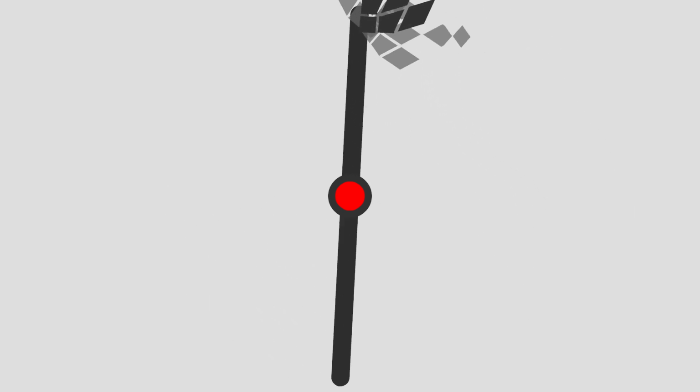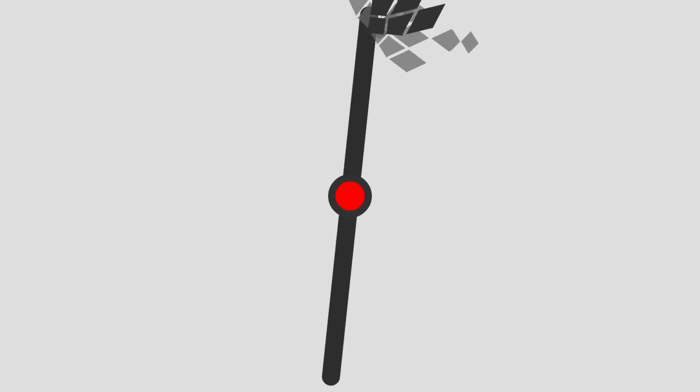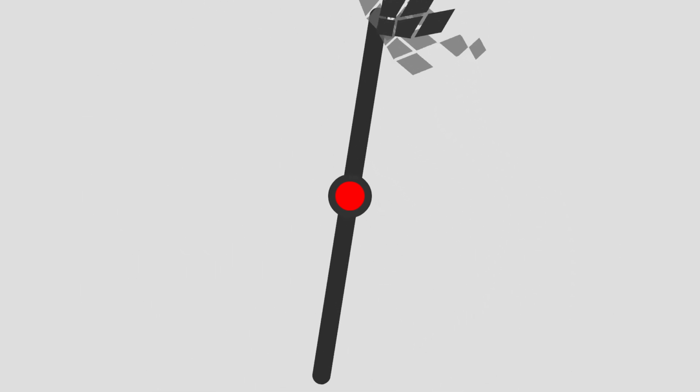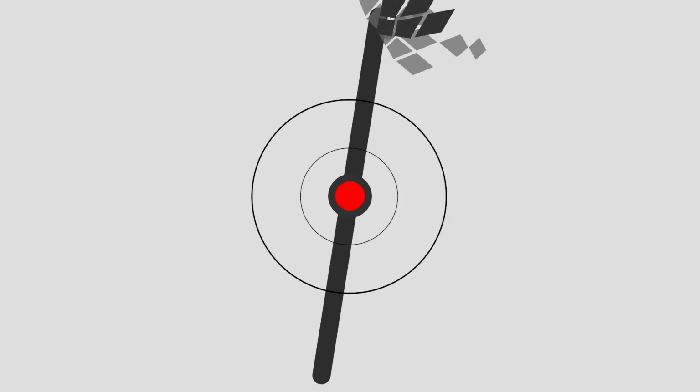To make this concept easier to grasp, let's consider a thin rod fixed at one end. If we apply a force directly toward the center of rotation, the rod will not rotate. However, if we apply a force that does not pass through the center of rotation, the rod will start to rotate. When the rod rotates, different points along its length will travel different distances in the same amount of time, depending on their distance from the center of rotation.